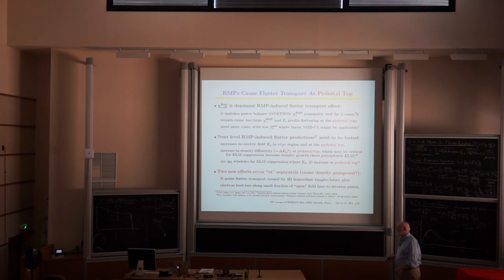And also, some of the field lines out in this region are directly connected to divertor plates. You know, they just go straight there. They don't even circulate. Most field lines in a tokamak just circulate around the torus. So we have to worry about that.